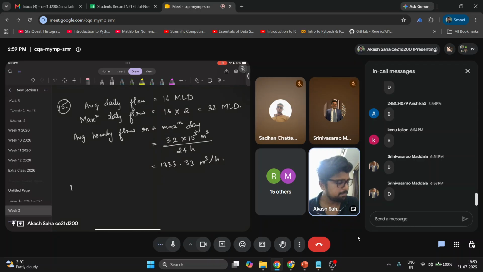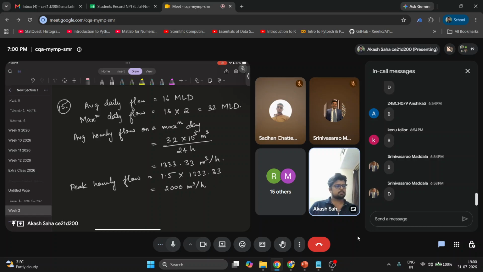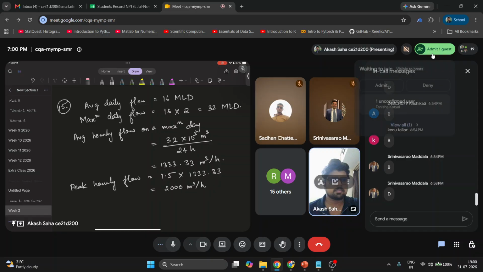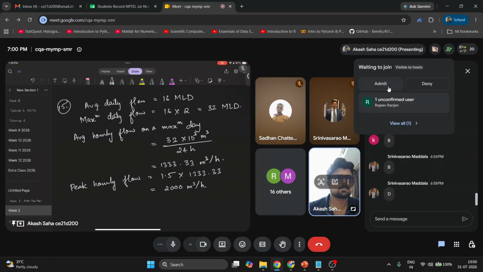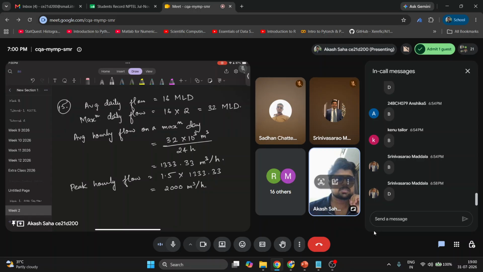Then the peak hourly flow will be nothing but the peak factor 1.5 for hourly into 1333.33. So that is 2000. Okay, I hope this is fine. Any doubt in this?